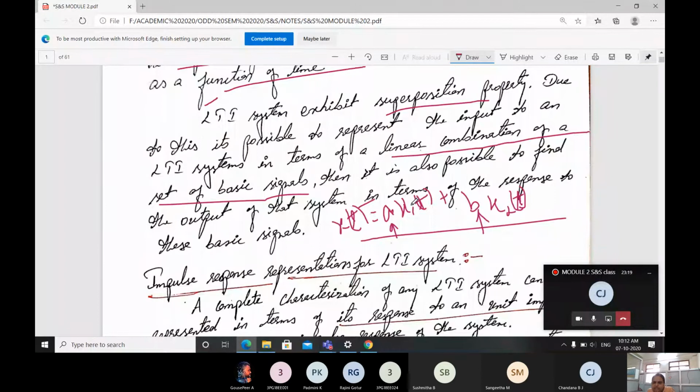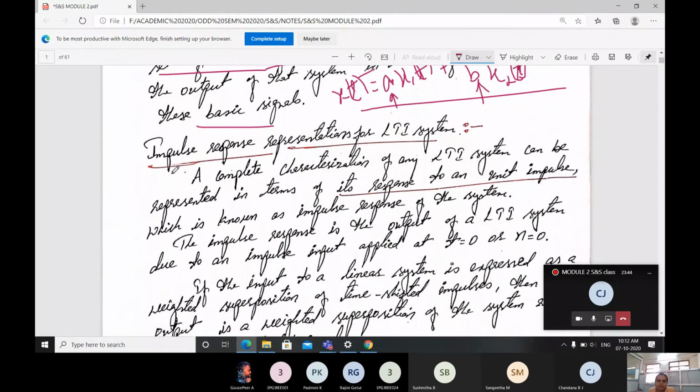These basic signals, x1 of t and x2 of t, may be a unit step signal, a ramp, or an impulse; we don't know, so here they are taken as basic signals. Then it is also possible to find the output of the system in terms of the response to these basic signals. This is the theory that is given.